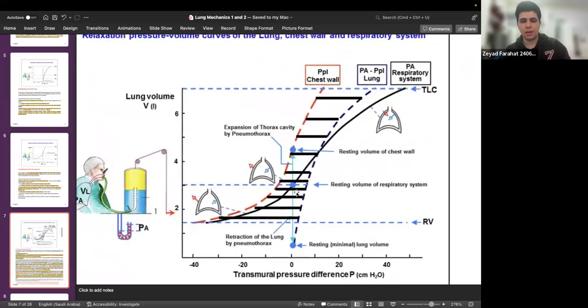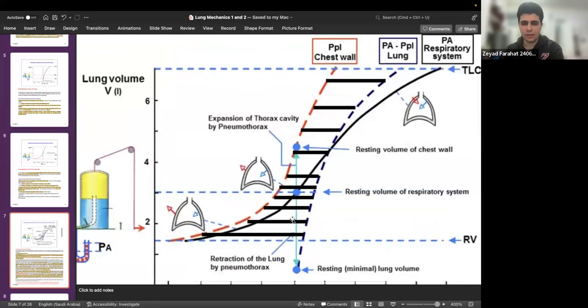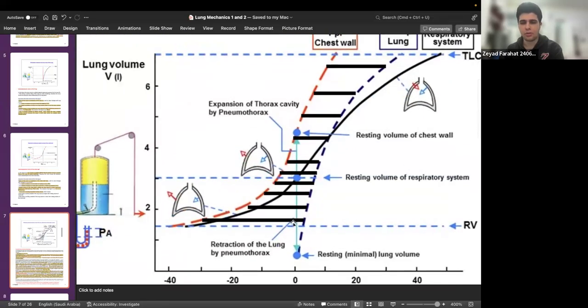So what happens in here is, if you see this, this is the pressure. If we're at this point, this curve has greater pressure. We're measuring only this line. If you look at the black line in this position, if the chest volume is at this position on the original black curve, you'll find that this line is way greater than this line.